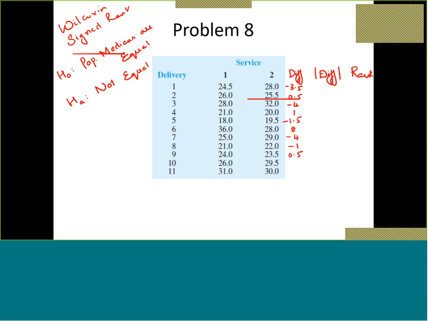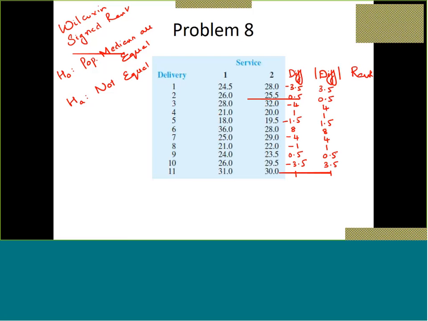This is -3.5. This is 1. Am I right? Then calculate the absolute differences. So this is 3.5, 0.5, 4, 1, 1.5, 8, 4, 1.5, 3.5, 1. Just give ranks now for the data.